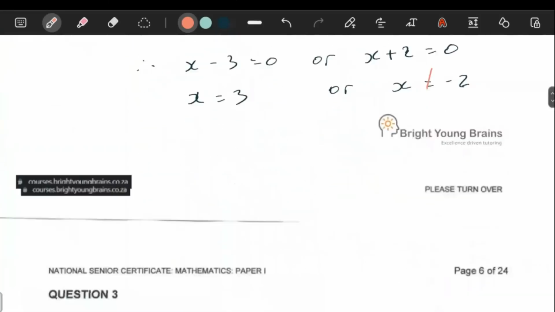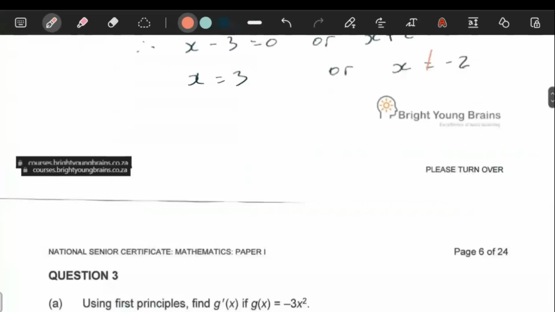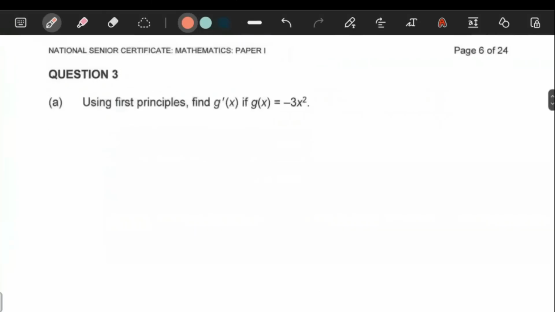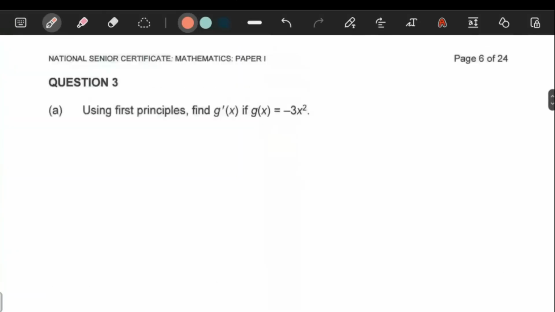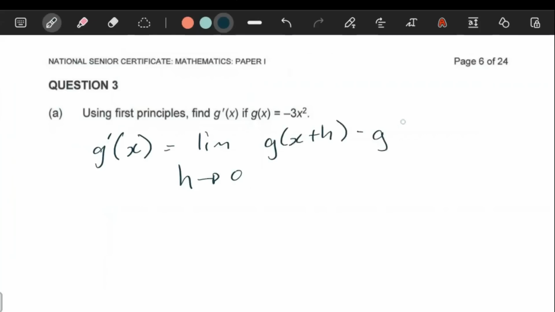We have here question 3. Question 3 says, using first principles, find the first derivative of g. So that's a standard formal question. That's straightforward, because your first derivative will be equal to the limit as h goes to 0 of g(x plus h) minus g(x), over h.